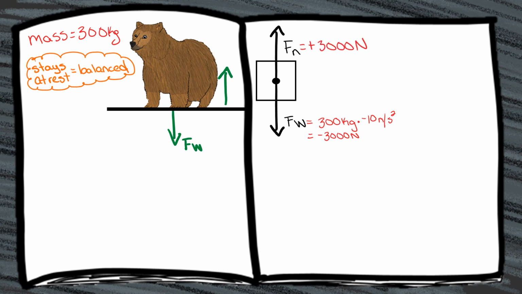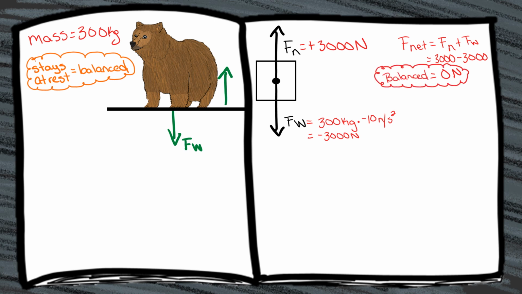Right again, Alex, the normal force would be the equal and opposite reaction to the force weight, which means it would be positive 3,000 newtons, since it is in the upward direction, and the force weight is negative 3,000 newtons, since it is in the downward direction, which means that the net force is equal to 0. Great job on the free body diagram, Alex.